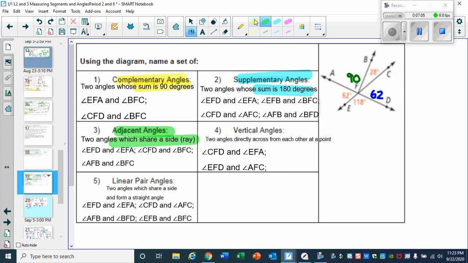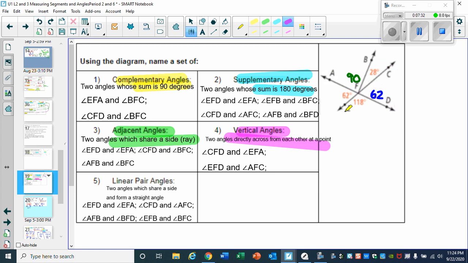Vertical angles are directly across from each other. So for instance, CFD. If they're directly across, they're congruent. EFA, that's one example. AFE or EFA, CFD are both 62 degrees.